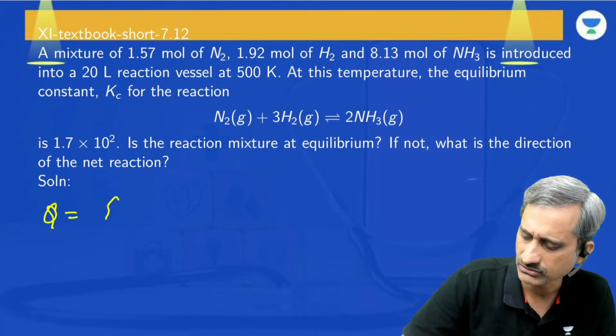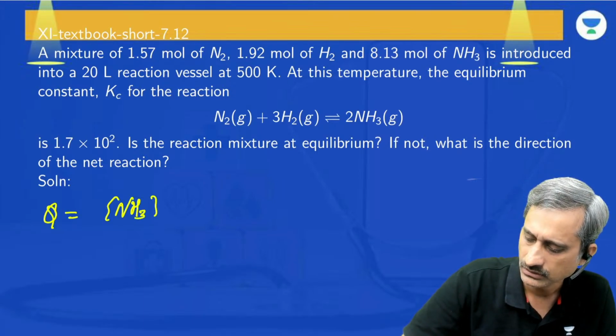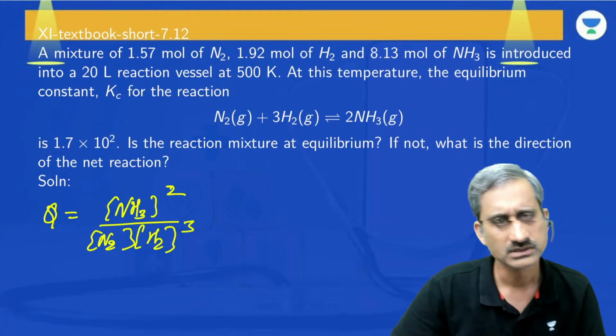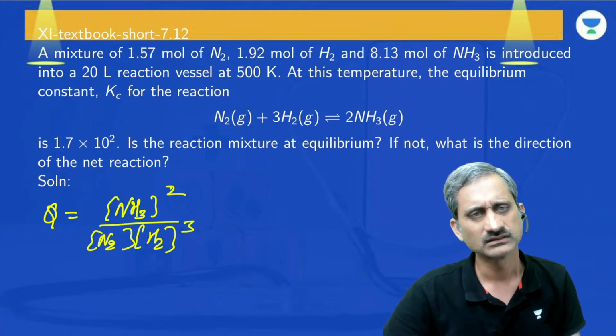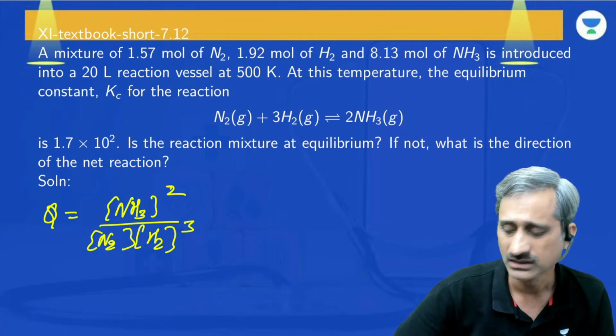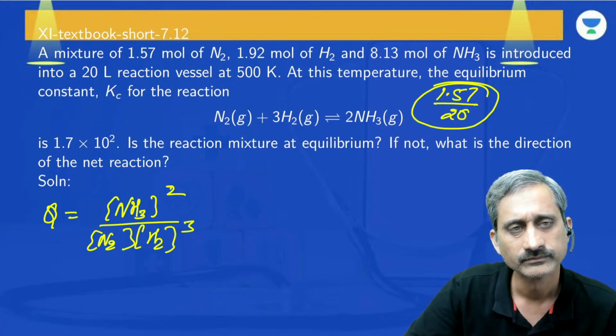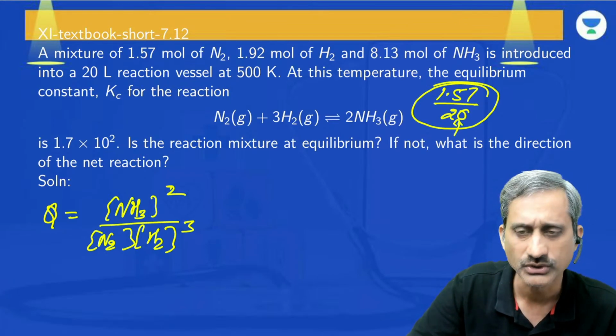q is equal to the concentration of NH3 raised to power 2 divided by the concentration of N2 into concentration of H2 raised to power 3. Just put the values, get the answer. And please remember, here the concentration is going to be 1.57 divided by 20. Don't forget it. If you forget this divided by 20, you are going to get a wrong answer.